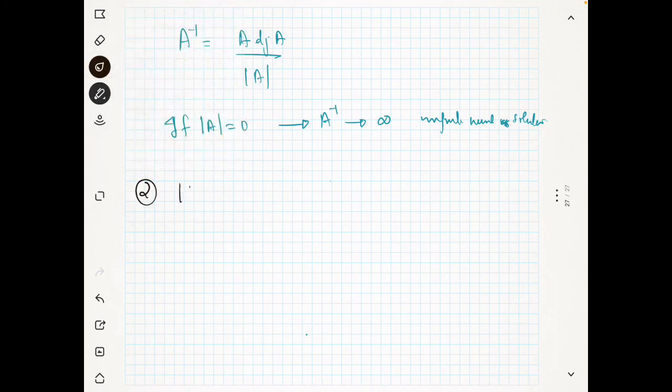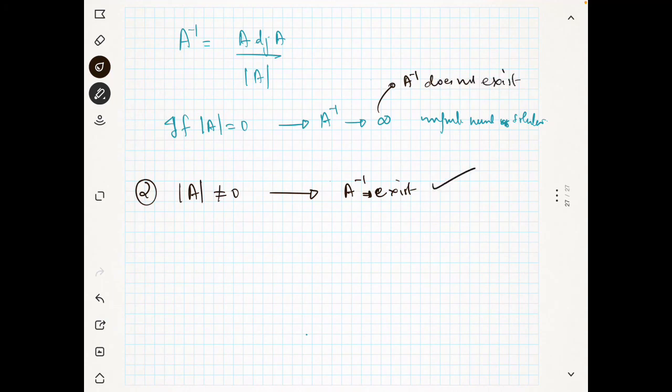What will be the case if determinant of A is not equal to 0? If the determinant of A is not equal to 0, that means that A inverse exists. But in the previous case, A inverse does not exist. But here A inverse exists.